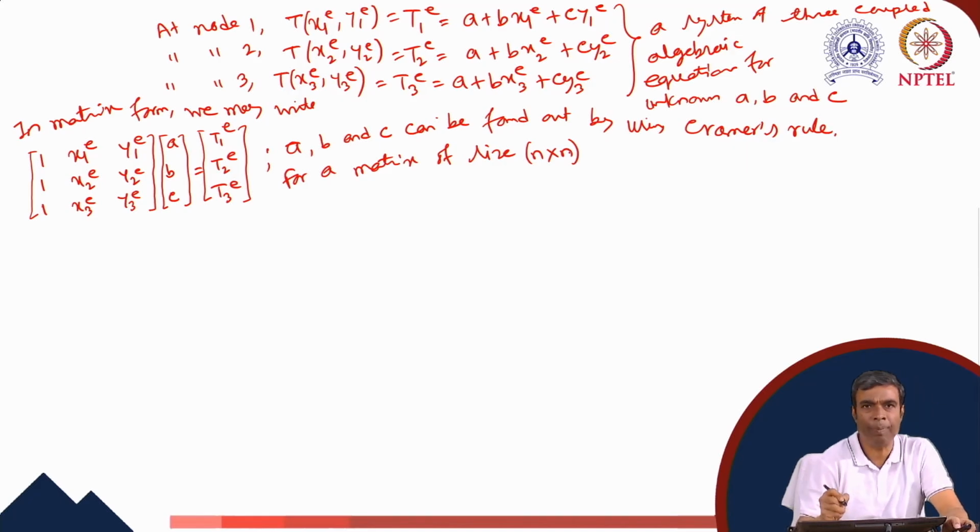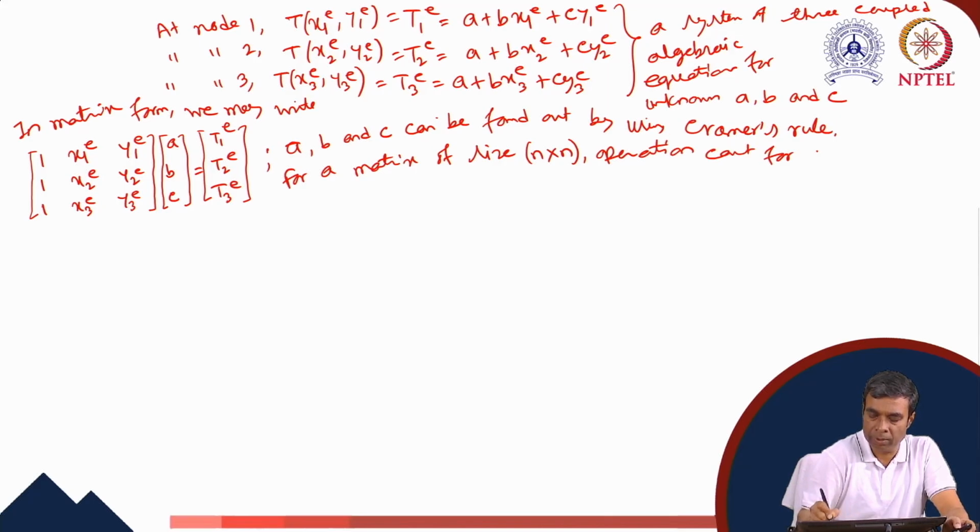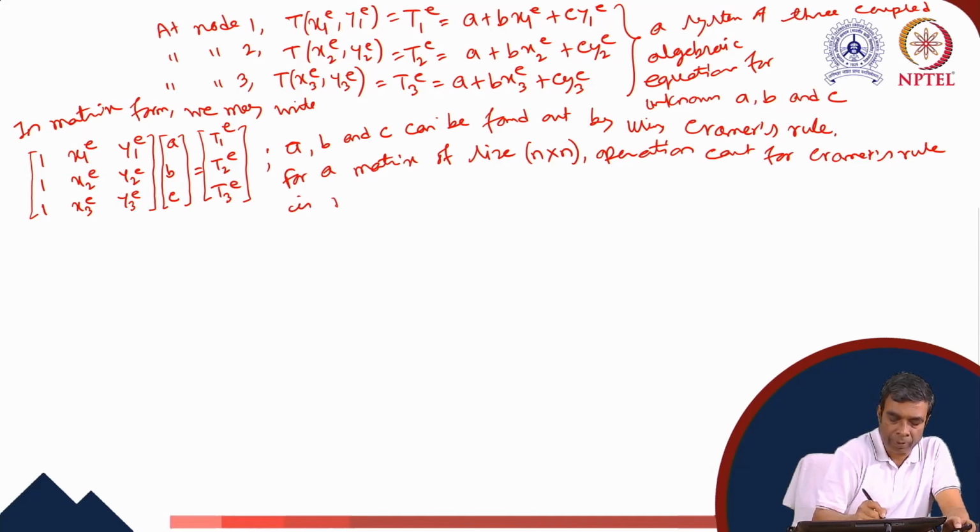When we talk matrix we certainly mean a square matrix. Operation count for Cramer's rule is factorial n plus 1.